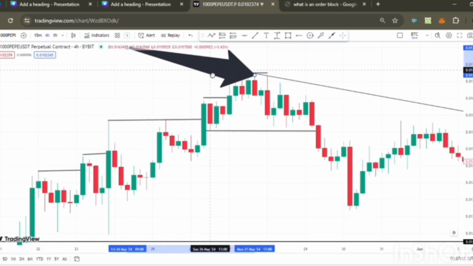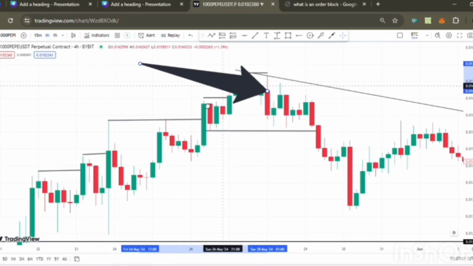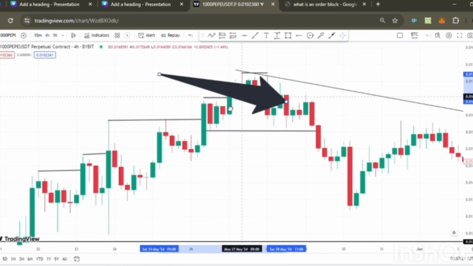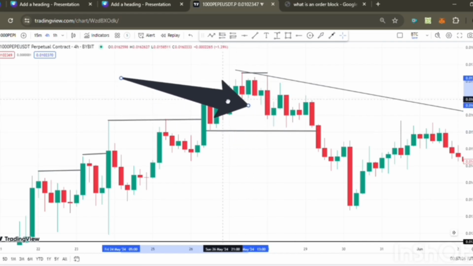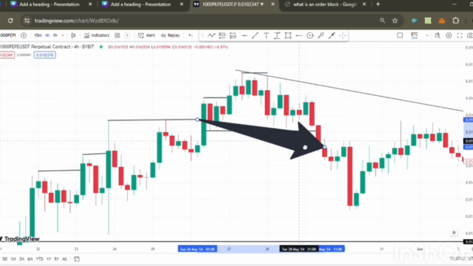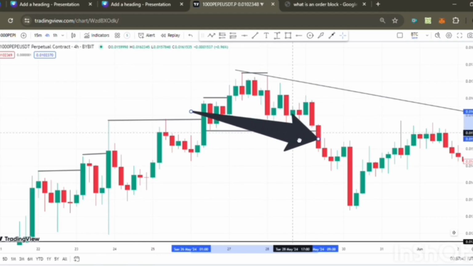So this supply zone is where we have the end of the bullish trend. Then the market wants to start a bearish trend. For the market to start a bearish trend, it needs to make a change of character, or change of market trend. Because the market started making that reversal to the downside, it leads to the change of character and now break of structure.